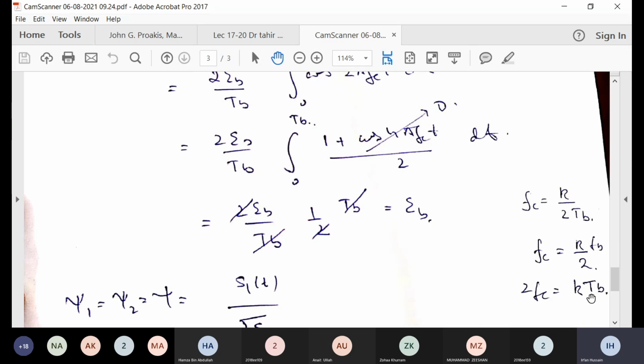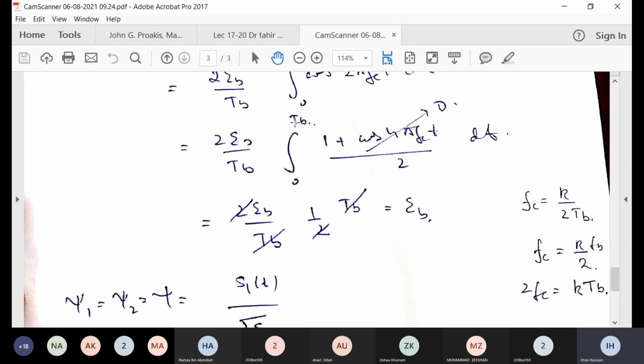You can see here 2FC is actually a multiple of 1 over TB, so it has more than TB intervals. Alright, that is why this cos 4 will have enough time period to cover its whole cycle in this TB time.